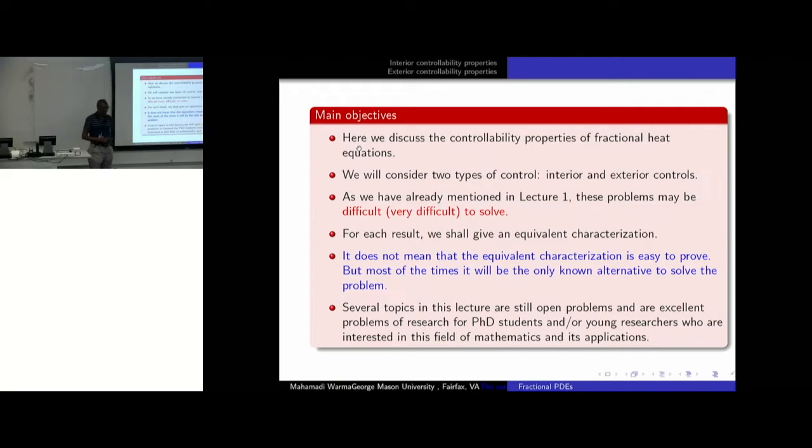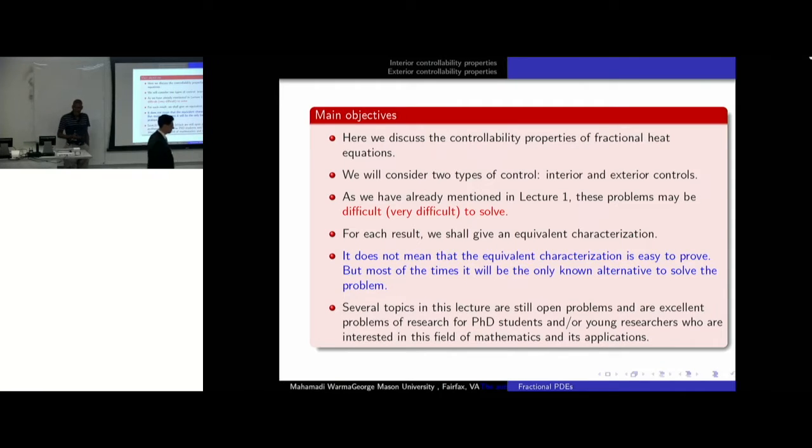But like I mentioned in lecture 1, those problems may be very, very difficult to solve. In each of the results, I will try to give a characterization of each result we want to prove. But it does not mean that the characterization is easy to prove.